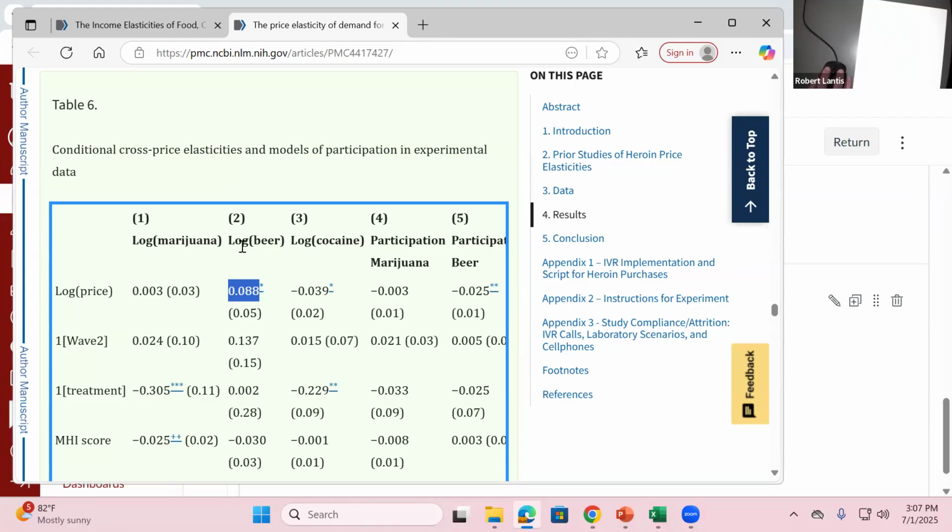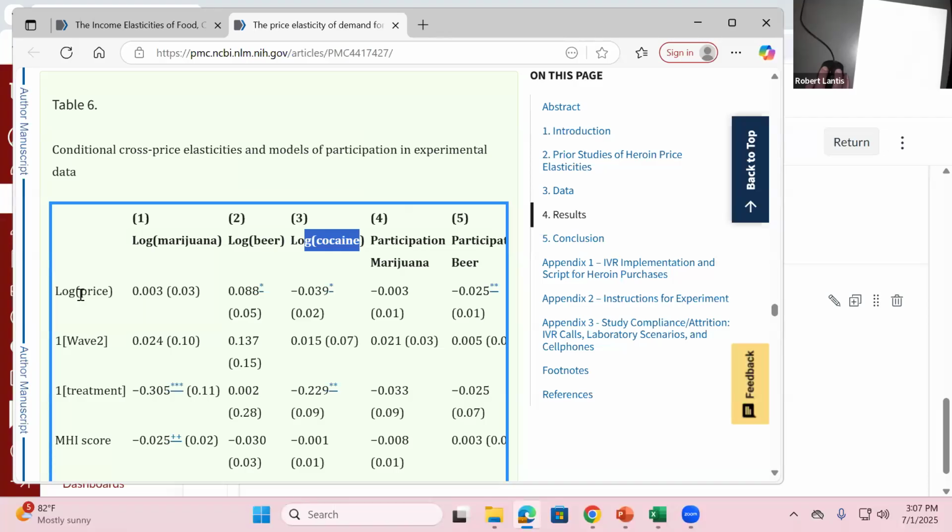So here we've got a cross-price elasticity that's positive between the price of heroin and beer. These are substitute goods. So interestingly enough, if we did legalize heroin and tax it, what would happen to the consumption of beer? Go up.